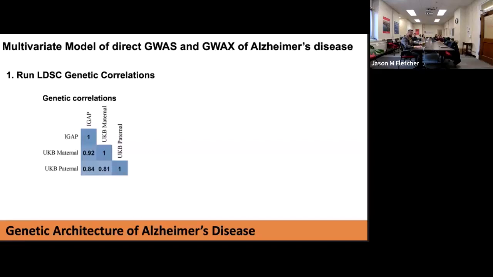We first estimated genetic correlations among the indicators using LD score regression. And we found that the correlations were not different from 1, indicating that they were not genetically distinct traits and supporting the usefulness of combining these GWAS types with case control GWAS.